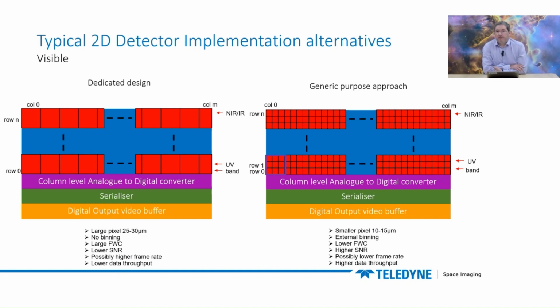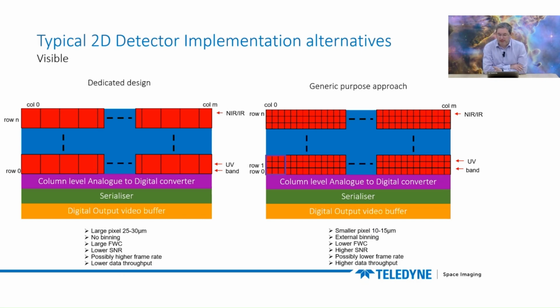From a cost perspective, it's also interesting to investigate the generic purpose approach, where a generic purpose detector is used, usually with a smaller pixel pitch, 10 or 15 micron. That will require an external binning in order to create the macropixel of 25, 30 micron.